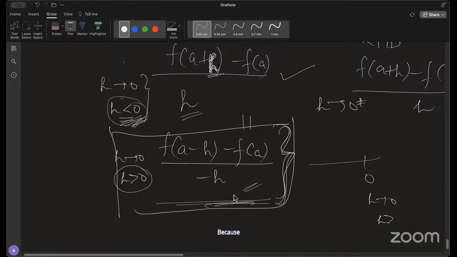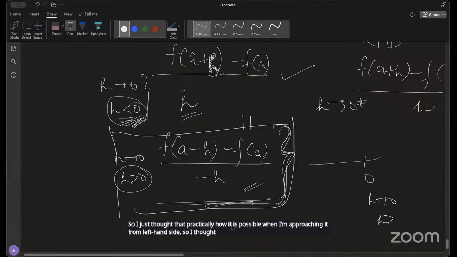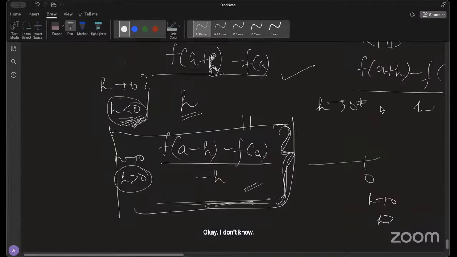Because whenever I see a question, I want to see from the beginning till the end how it is done, each and every step. So I just thought, practically how is it possible when I am approaching it from the left-hand side? So I thought, okay, numerator and denominator signs got cancelled. I think I have got it. Okay.